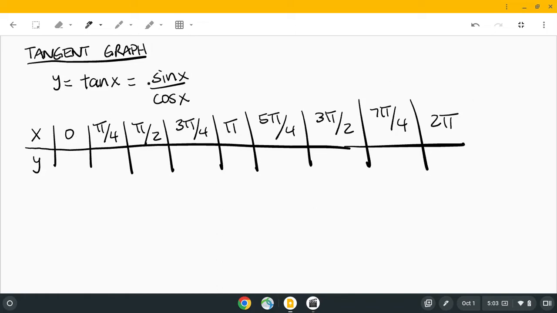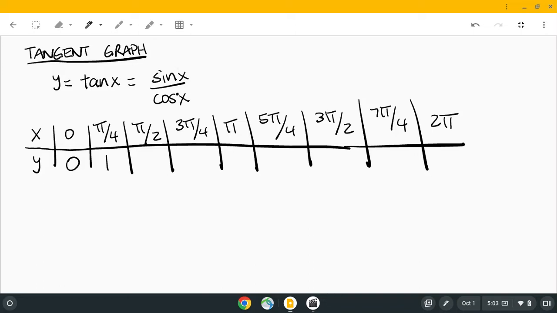Okay, so we know that sine of 0 is 0 and cosine of 0 is 1. So 0 over 1 is 0. At pi over 4, sine and cosine are the same, so we get 1. Now over here, this one is interesting because sine of pi over 2 is 1, but cosine of pi over 2 is 0.